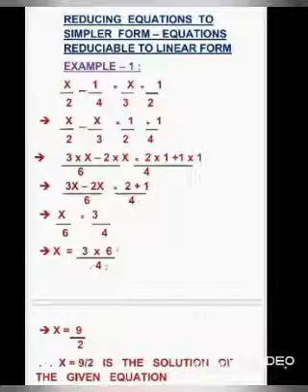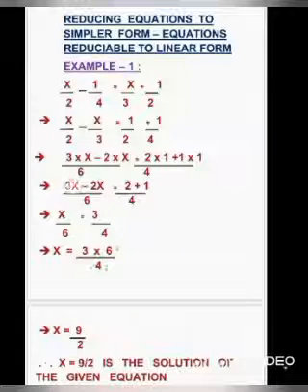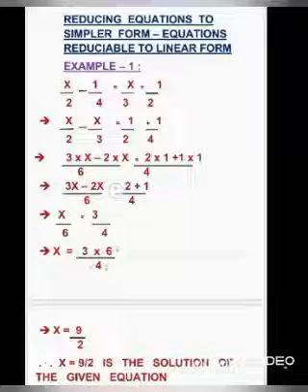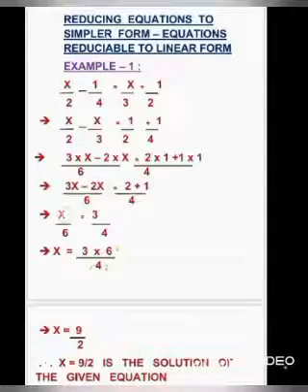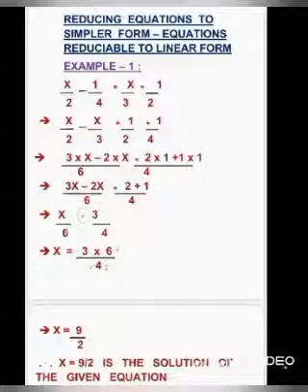Now see here, 2 times 2 is 4 into numerator 1, plus 4 times 1 is 4 into numerator 1. I hope you know LCM, children. So now 3 into x is 3x minus 2 into x is 2x by 6, which is equal to 2 into 1 is 2 plus 1 into 1 by 4. 3x minus 2x is how much here? x by 6, which is equal to 2 plus 1 is 3 by 4.